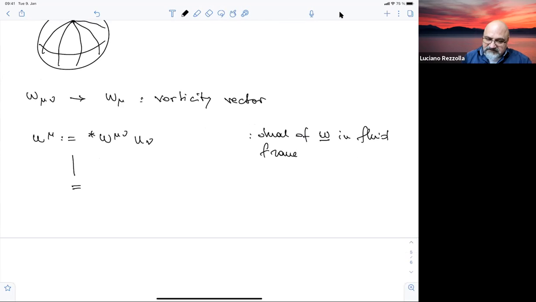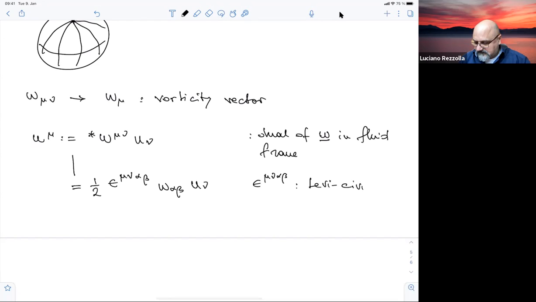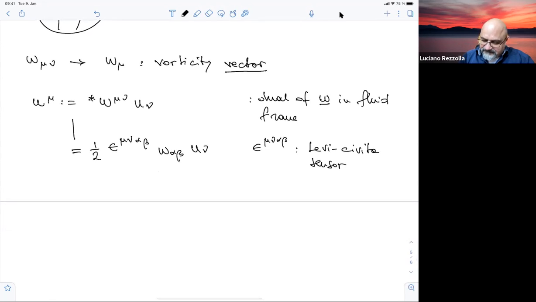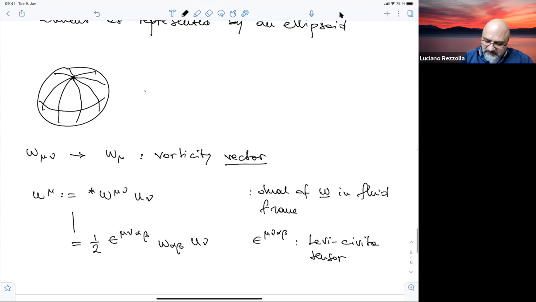So it's the dual of omega mu nu in the fluid frame, which means I contract this. And just so that you know what is my definition, this is 1/2 epsilon mu nu alpha beta omega alpha beta u nu, where epsilon mu nu alpha beta is the Levi-Civita tensor. Okay, so this is a vector, and this is a fluid element, or a reference fluid element.